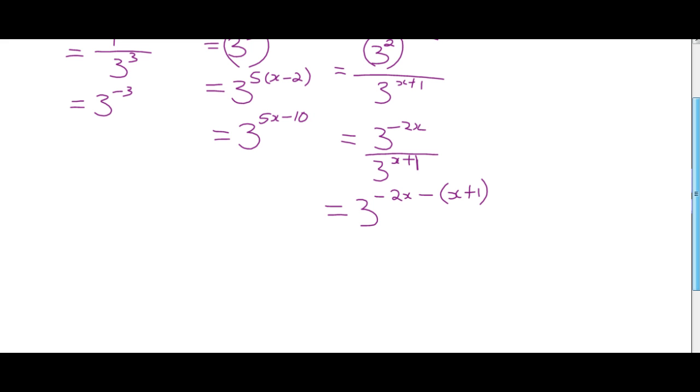Got to write the x plus 1 as a quantity in parentheses, right? Don't just go negative 2x minus x plus 1. Write it down with the parentheses. Okay, now you can remove the parentheses, get negative 2x minus x minus 1. So that's the big deal here, right, is that it's minus x minus 1, that's distributed.